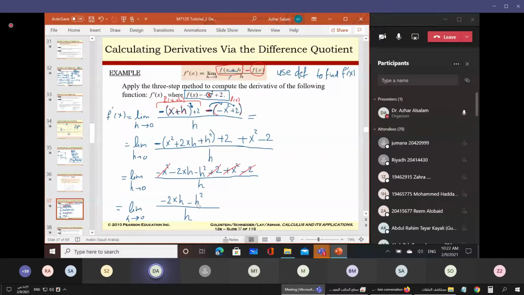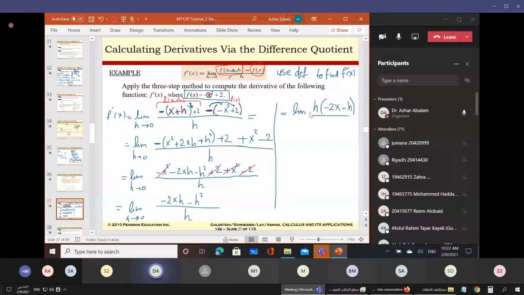Notice here in the numerator, I have h in both terms, so I can take h as a common factor. So it equals the limit, h as a common factor, multiplied by minus 2x minus h.